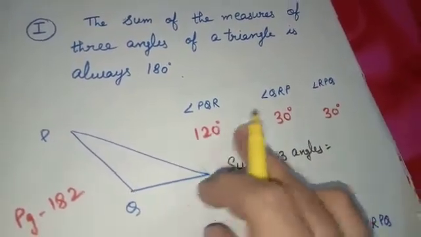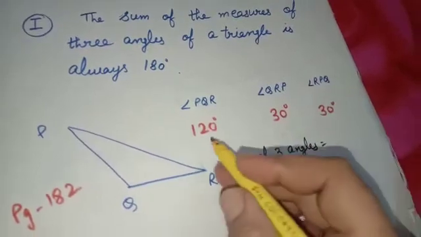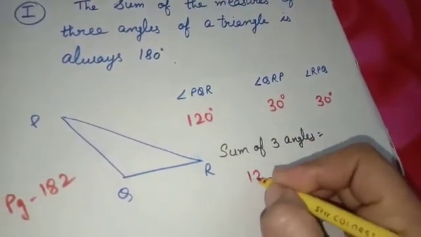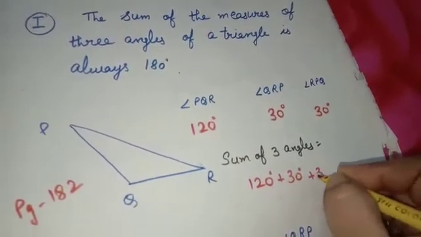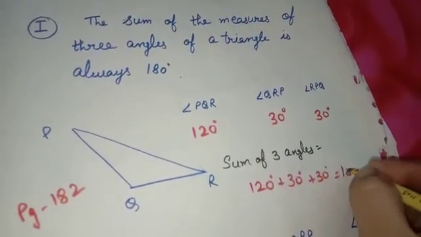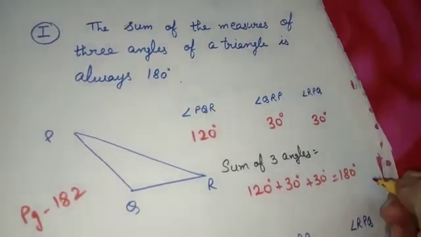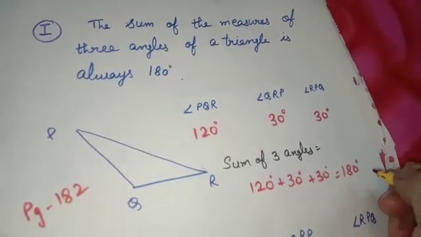Now when we add these three angles, 120 plus 30 plus 30, the sum will be 180 degrees.